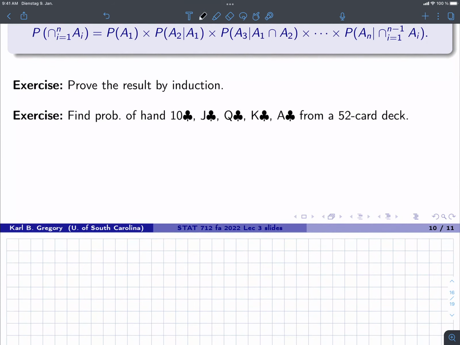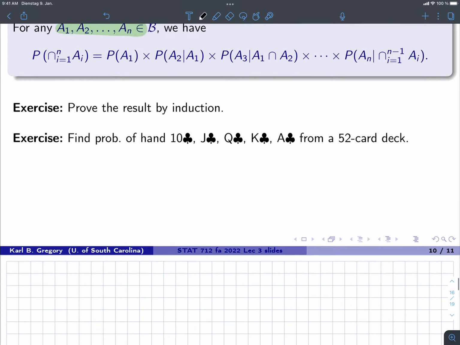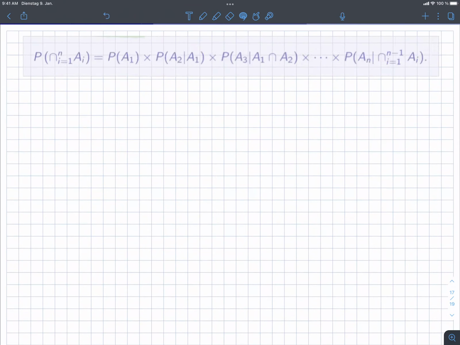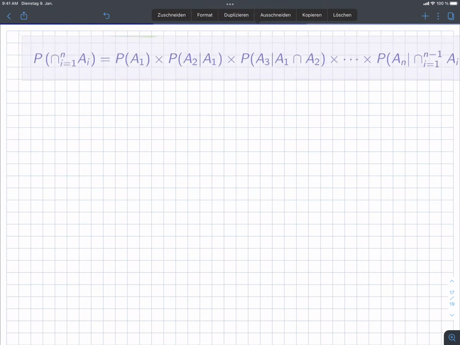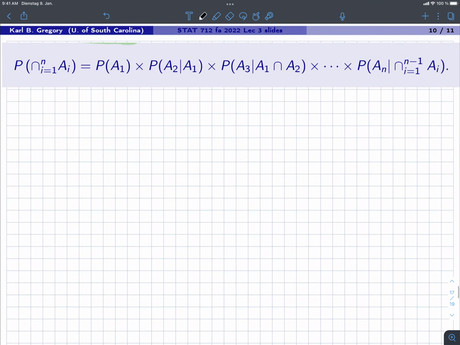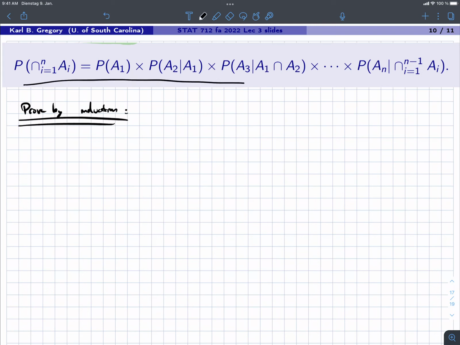Okay, so let me copy an image of this, paste. All right, I want to prove this. So prove by induction, because what I'm saying is this holds for every n.